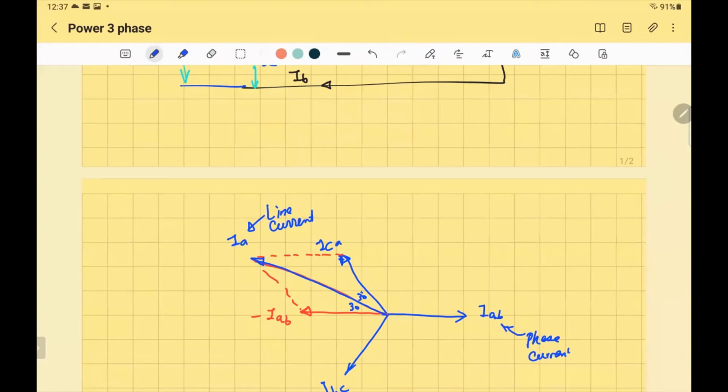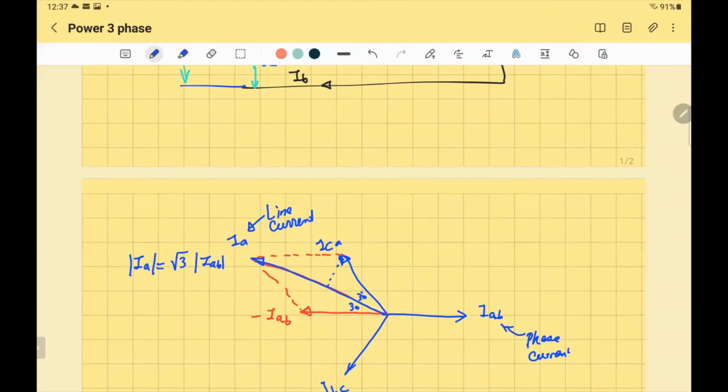There is an angle difference and there is a magnitude. If we use the same method, you will find the magnitude of IA is bigger than the phase current by square root of 3. So line current is bigger than phase current by square root of 3.